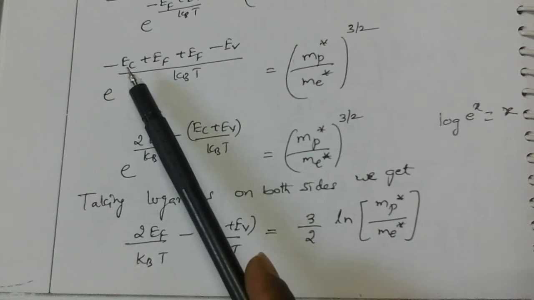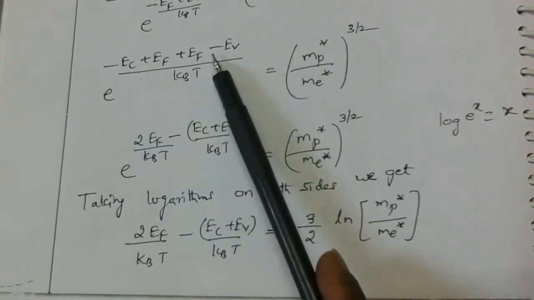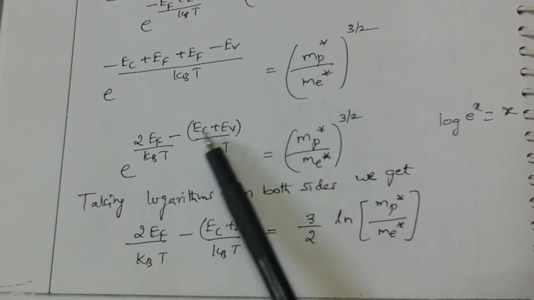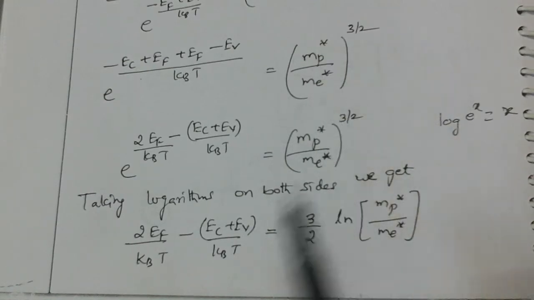So minus (EC plus EV) within the bracket by kBT, and (MP star by ME star) whole power 3 by 2 as it is.